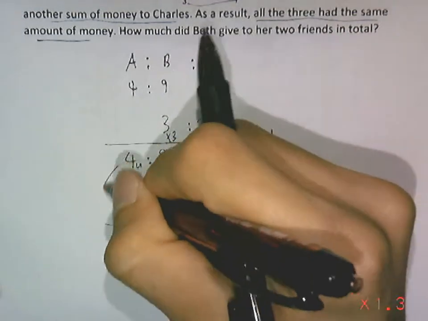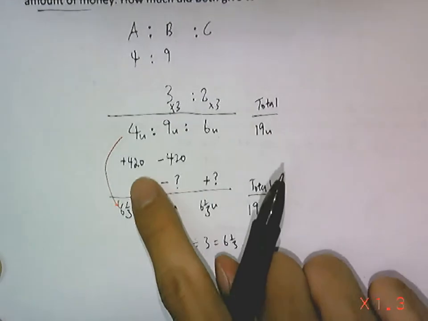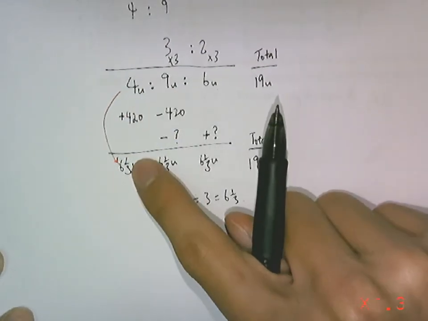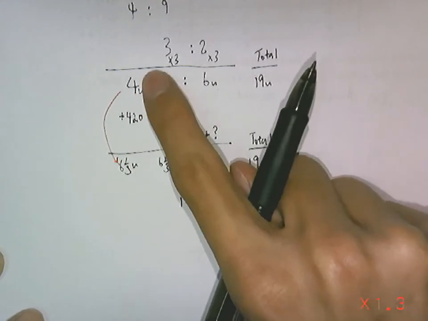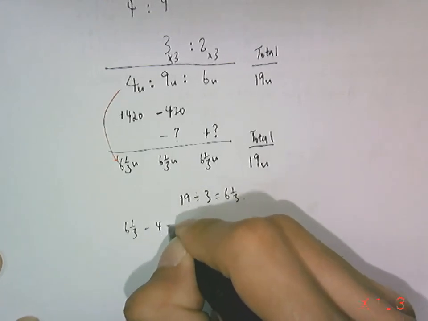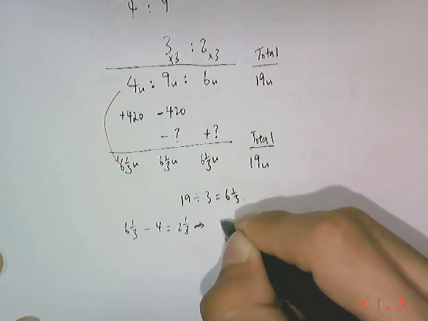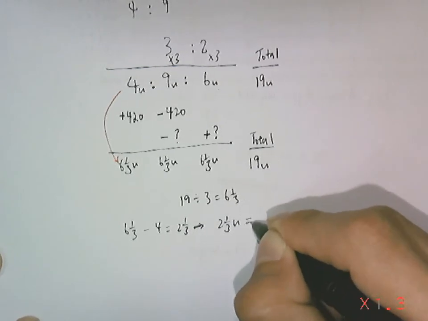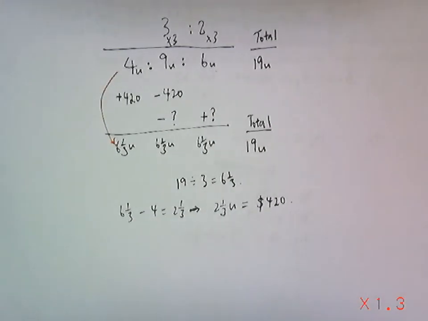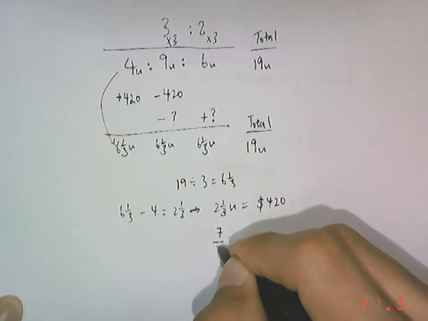Then I can calculate the difference, which accounts for the $420 that Alice received. Alice received $420, that's why the number of units increased. The difference is 2 1/3 units, and 2 1/3 units equals $420. Expressing 2 1/3 as an improper fraction gives 7/3 units.